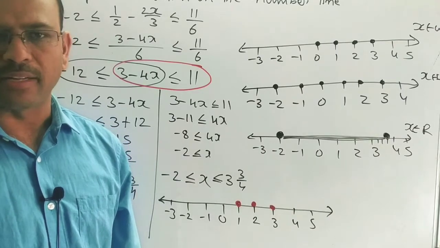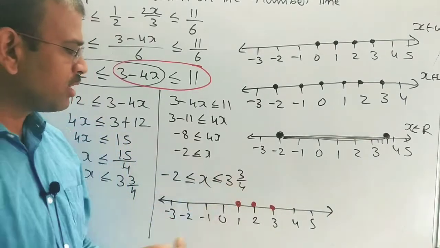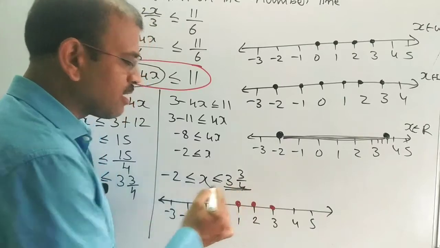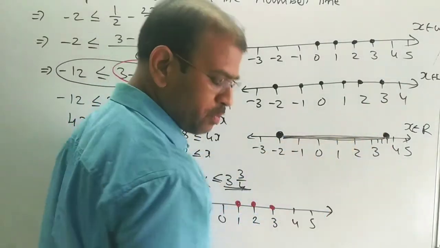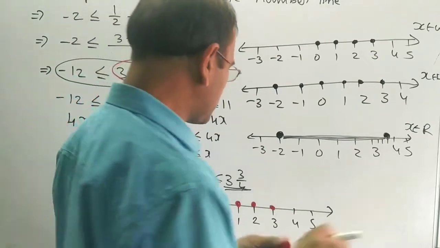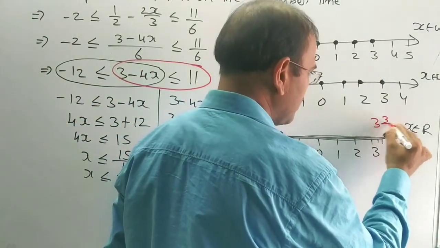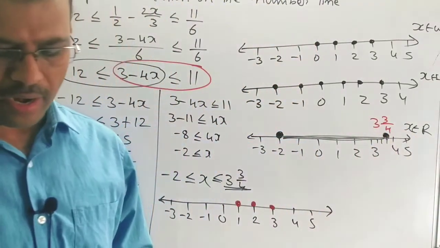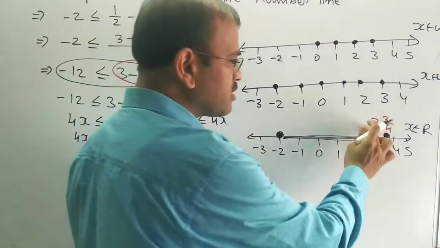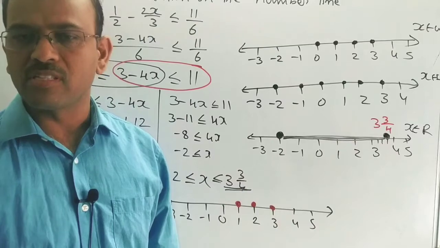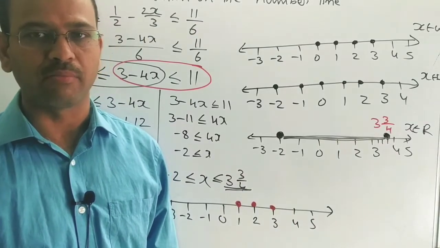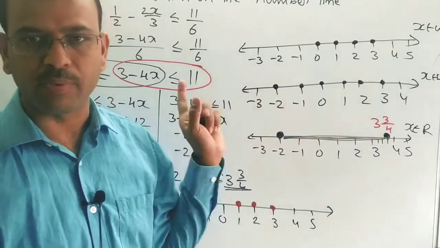The reason is, whenever it comes to a fractional part which doesn't show on our number line, we have to specify 3 upon 4 on top of it. If you don't specify this, they will compulsorily cut 1 mark in the board examination. Compulsorily you need to specify.